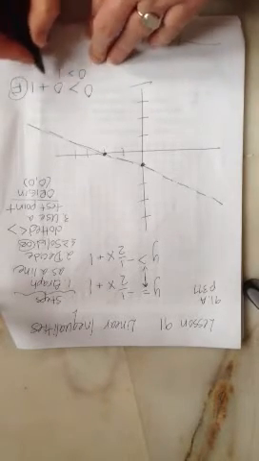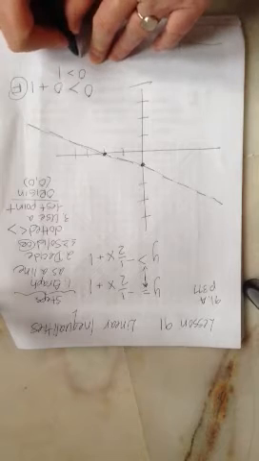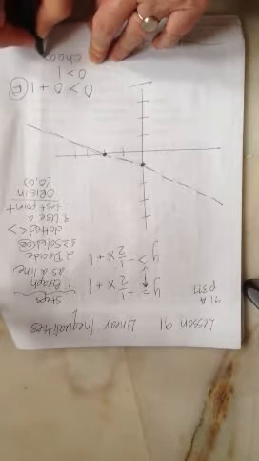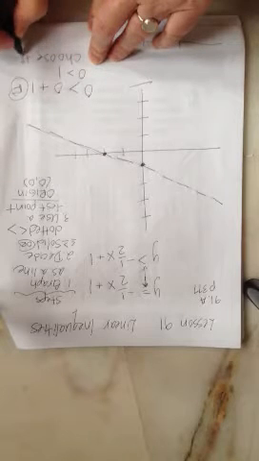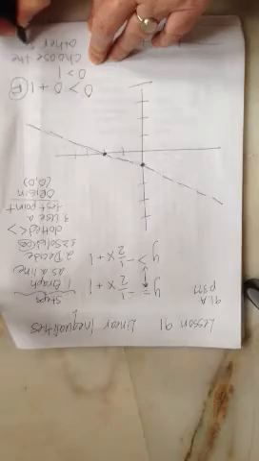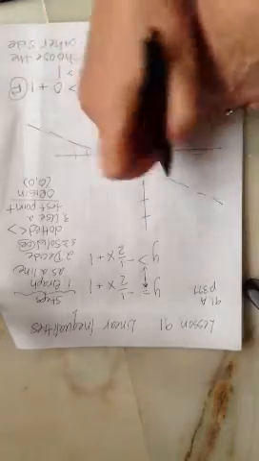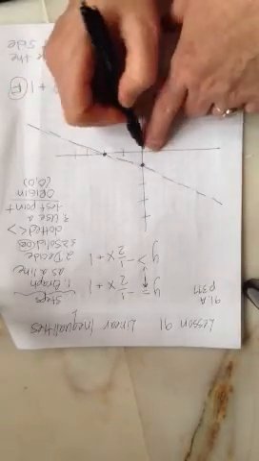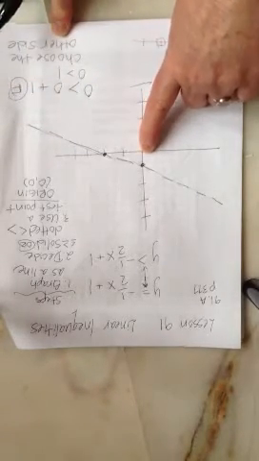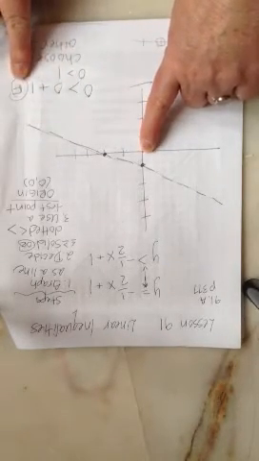So if the test point is false, then we choose the other side. And I'll show you what I mean by that. Here's our line. Here's the origin. We tested the origin to see if it was part of the solution, and what we found out was that it was not.